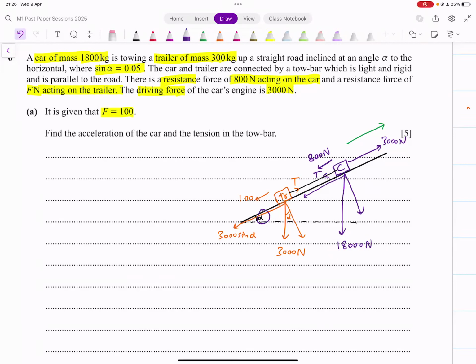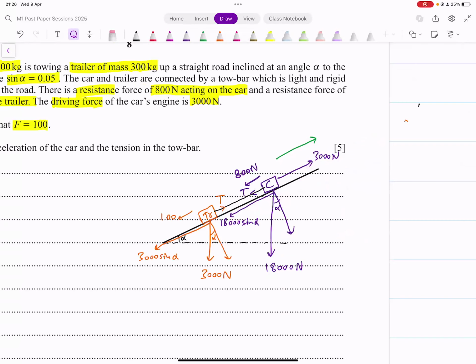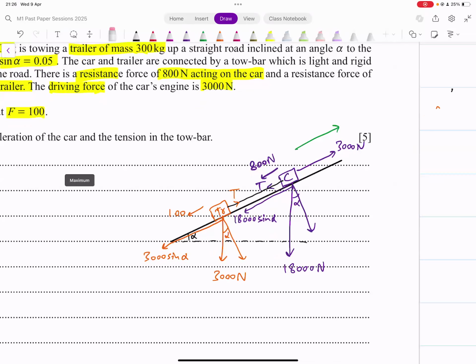If this is alpha, we know that this angle is also alpha. So this component is going to be 18,000 sine alpha. The other is going to be cos alpha. Again, we don't need that. That would be equal to the normal reaction, right? If we had friction involved, then we would use that as well. In this case, we have no friction involved, so we don't need to use the perpendicular component of weight as such. Makes sense?